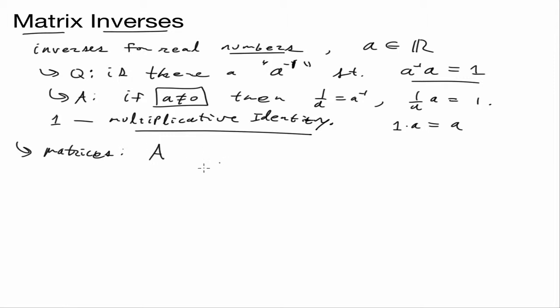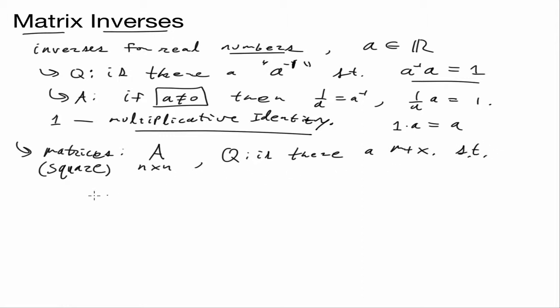Okay, so if I have a matrix, we're going to restrict ourselves to square matrices. So again, we're talking about n by n matrices, all right? The question then is, is there a matrix, and I'm going to call this matrix I, such that I times any other matrix, and this will be an n by n matrix, we're always going to be considering square matrices, I times that matrix is just A again.